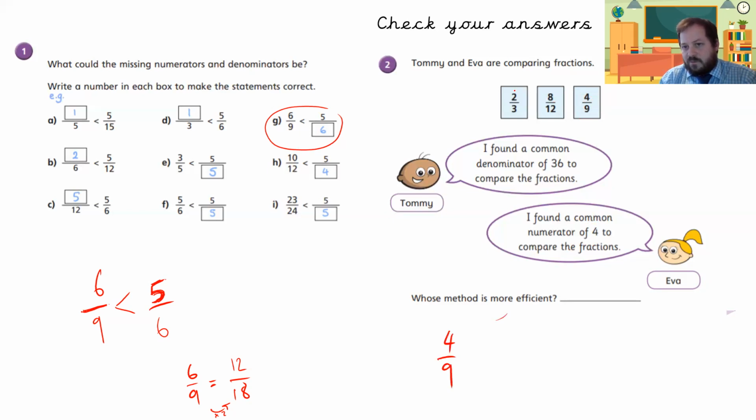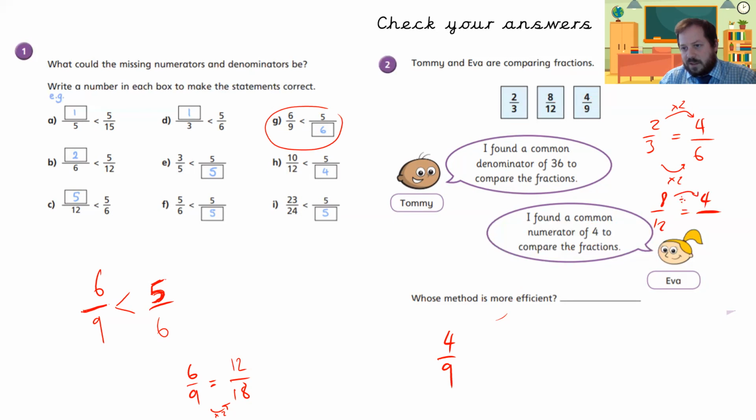In order to get 4 on the top for 2/3, so 2/3, I want a 4 on the top. I've times that by 2. So that means I need to times the bottom by 2, and that makes 6. Then the other one, I've got 8/12. I want to put the 4 on the top. What have I done to 8 to get to 4?